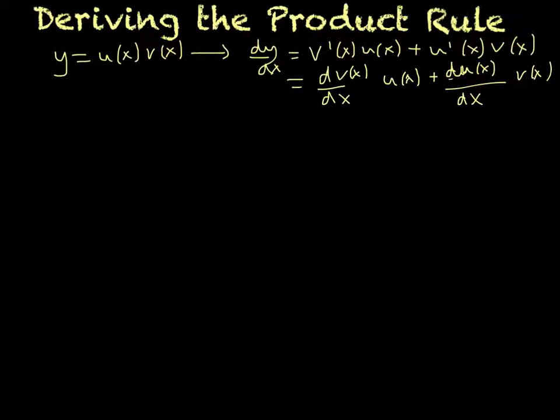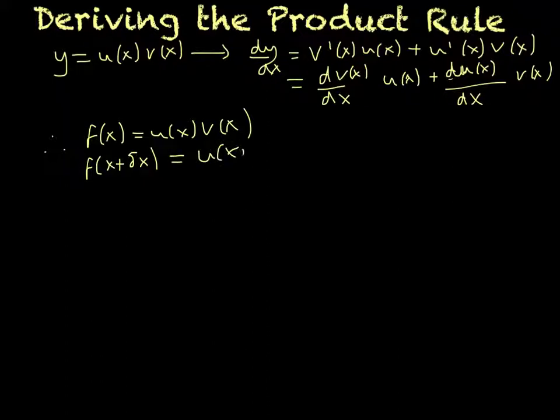We're going to make that look like that. We'll start off, just like last time with first principles, by saying let f of x be u of x, v of x. And just like before, building up our ingredients, if we introduce that small change delta x, we're going to get the same ripple effect here of v of x plus delta x and u of x plus delta x.